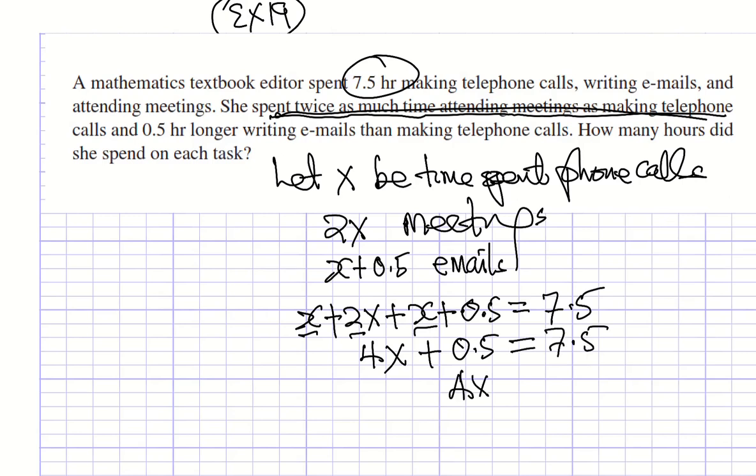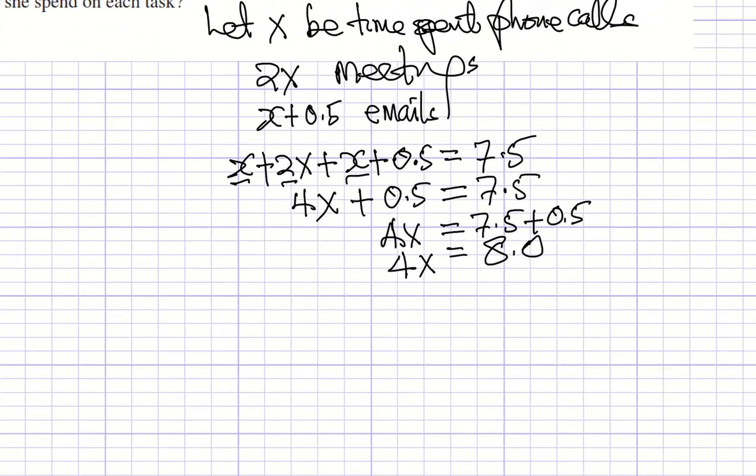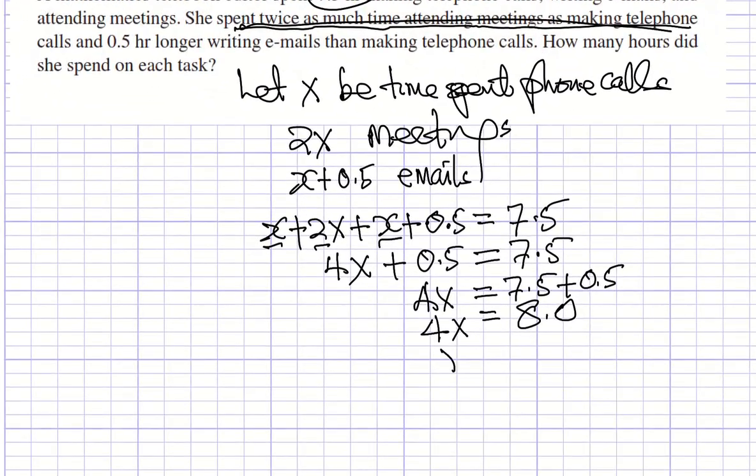So 4x is equal to 7.5 plus 0.5. See what is going on? That's 8.0. 4x is 8.0. You divide by 4, and you get x equals 8.0 over 4, so you get 2.0.